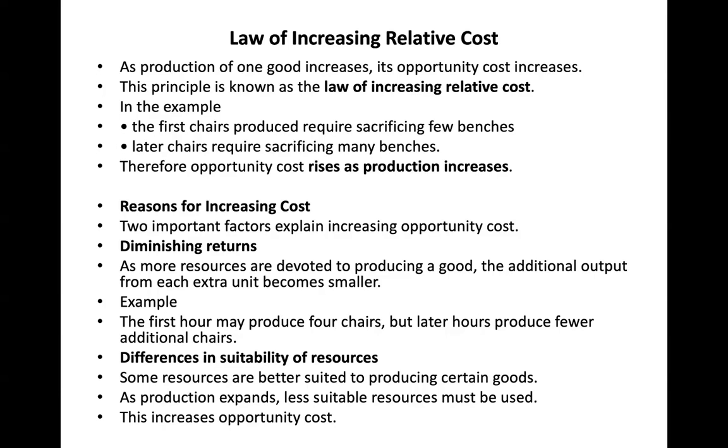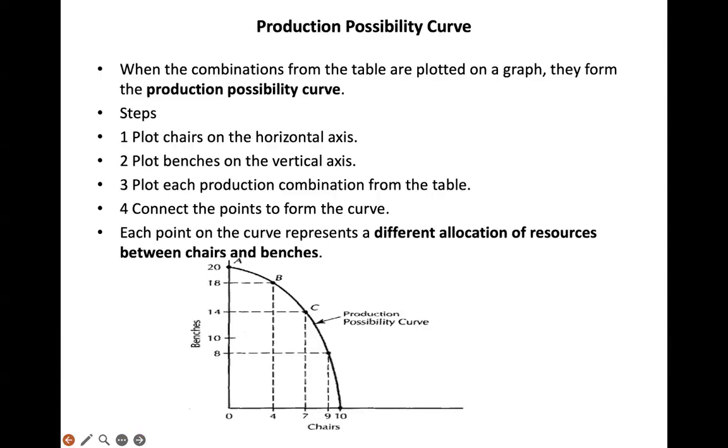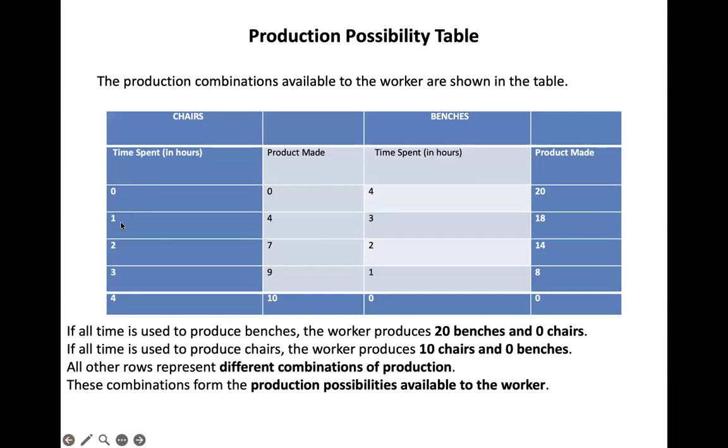So with our example on the chairs and the benches, the first hour produces what? 4 chairs. But the later hour produces fewer additional chairs.